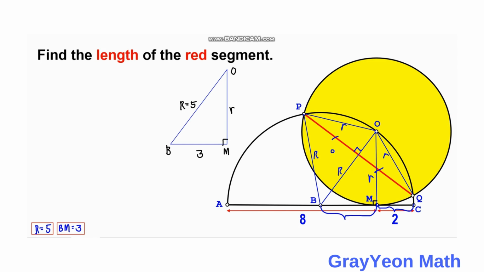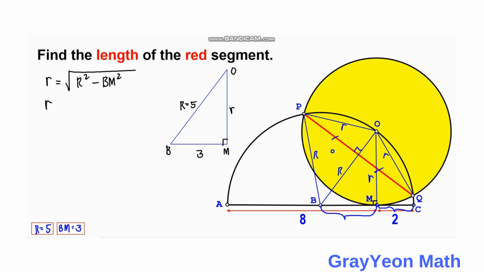Okay, so next I have isolated this triangle BMO. It is a right triangle with the hypotenuse of 5 units, and one leg is 3 units for BM. So we have only one unknown, which is the small letter r. r is simply equal to the square root of the hypotenuse squared minus BM squared.